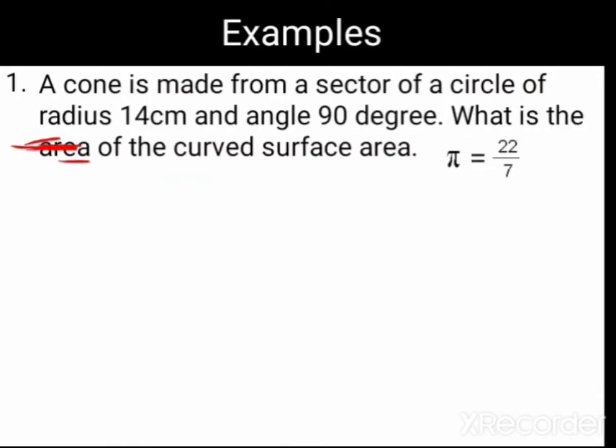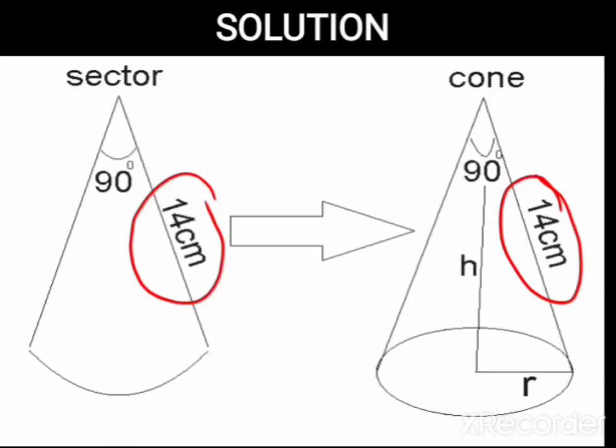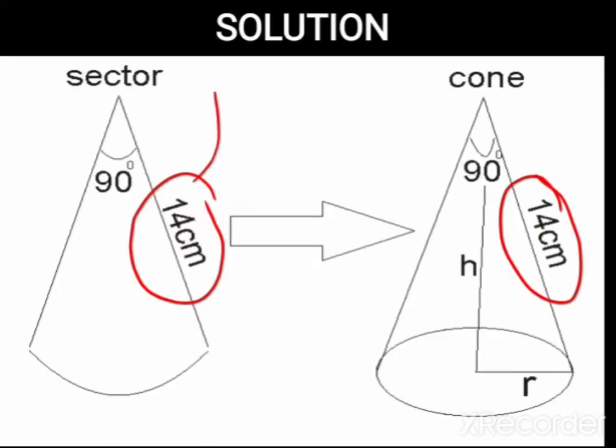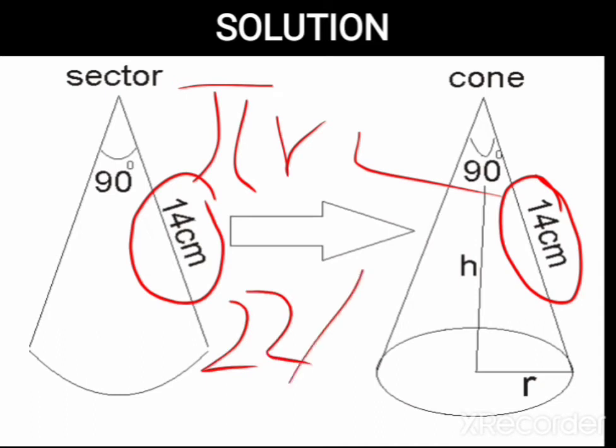We were asked to look for the curved surface area. So we know that the curved surface area is simply pi r L. We are given pi as 22/7, isn't it? Yes, that's it. Then we already have the slant height, which is 14.